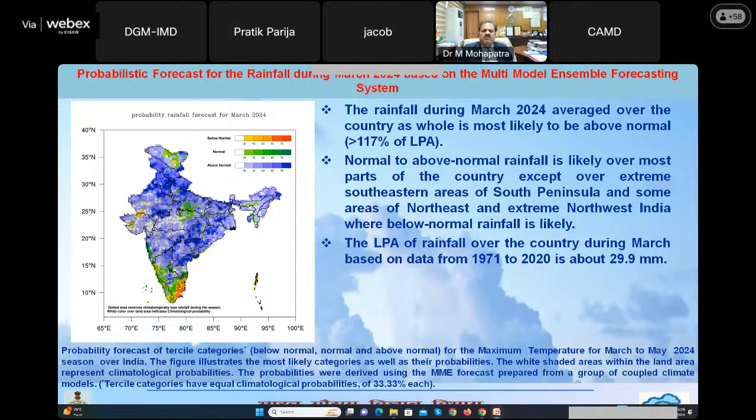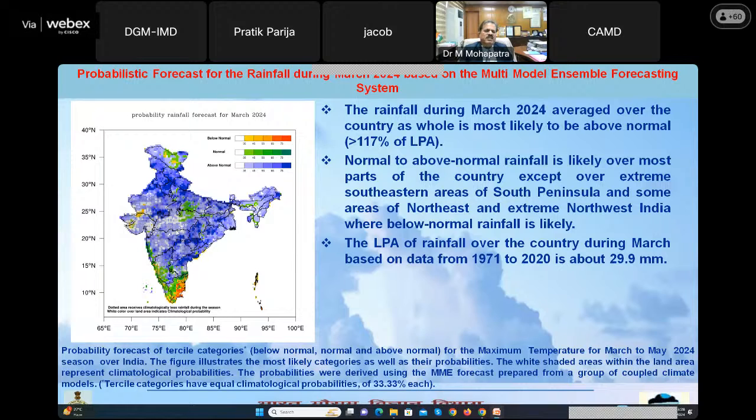Now, if you consider spatial distribution, a normal to above normal rainfall is likely over most parts of the country, except over extreme southern, extreme southeastern areas, like the Tamil Nadu especially, and some areas of northeast and extreme northwest India, where below normal rainfall is likely.